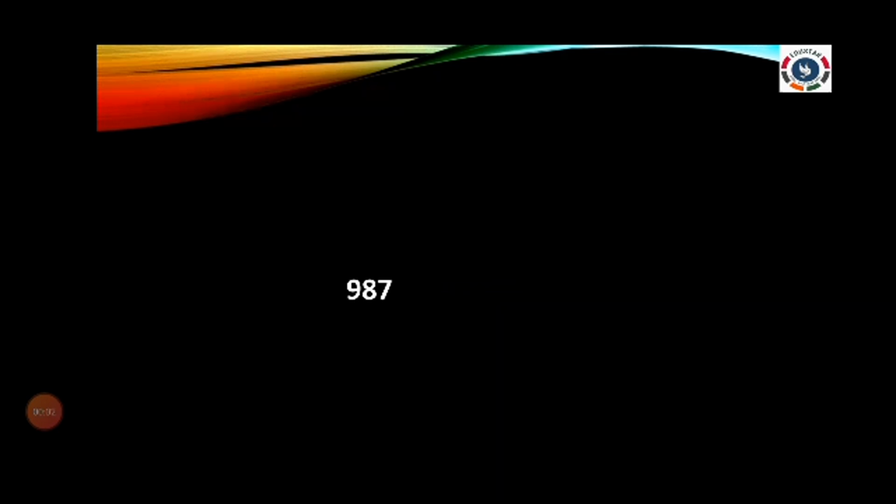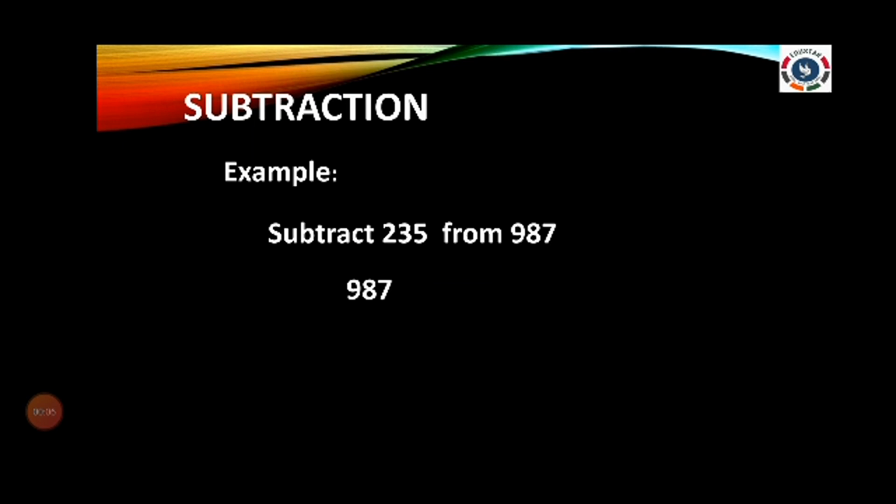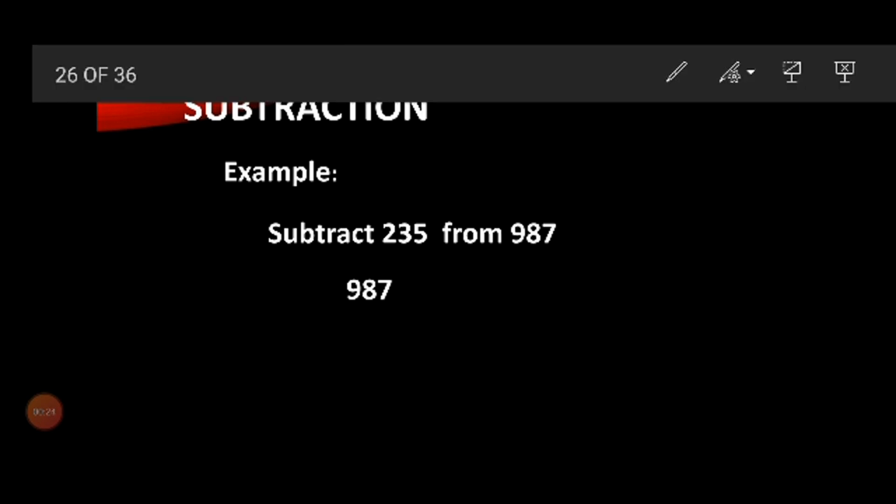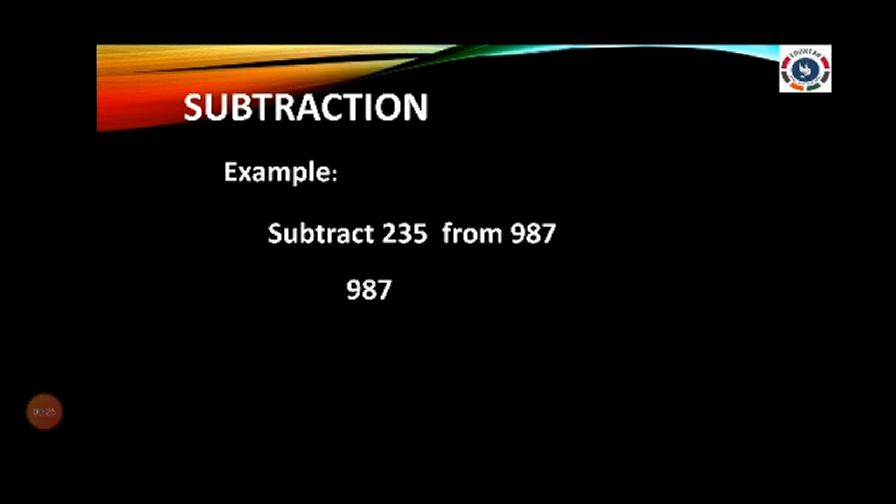Let's explain about subtraction. Example: subtract 235 from 987. Now, whenever you subtract two values, the first value is the biggest value and the second value you have to write is the smallest value. Now you tell me, 235 or 987, which is the biggest one? 987 is the biggest one.